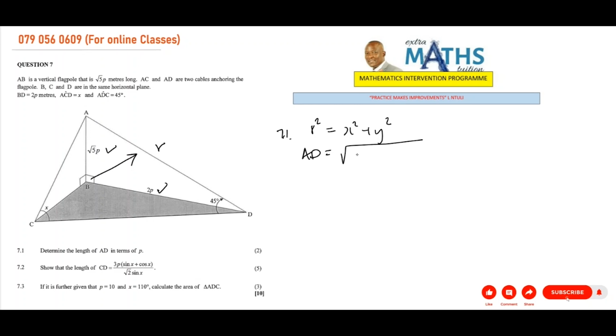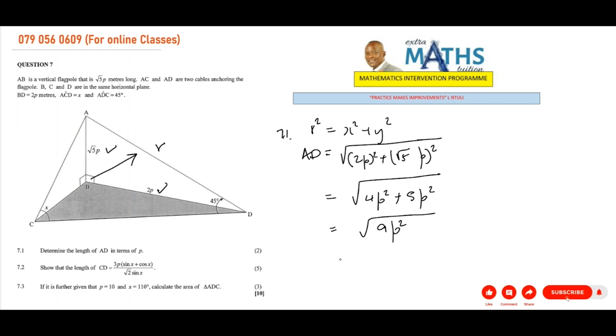So AD equals the square root of (2p) squared plus (root 5p) squared, which is 4p squared plus 5p squared, which is 9p squared, and finally the root of 9p squared, which is 3p.